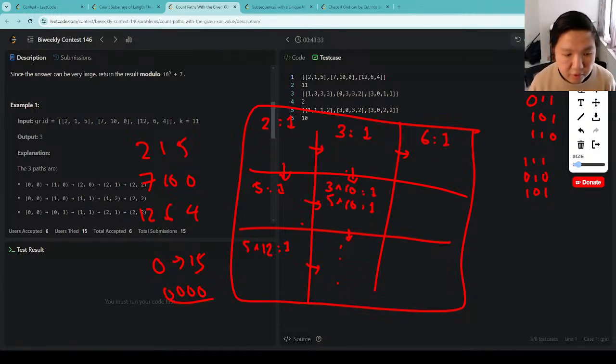Alrighty. So question 3 actually is I think a bit easier than question 2.